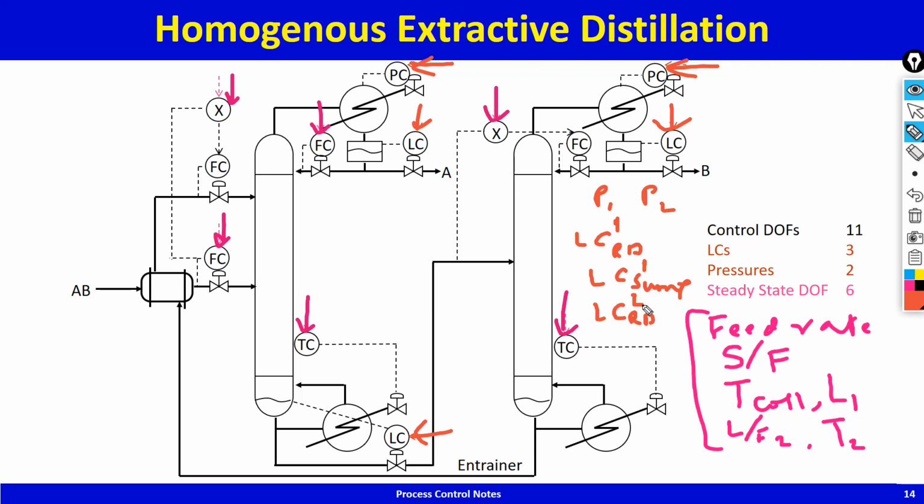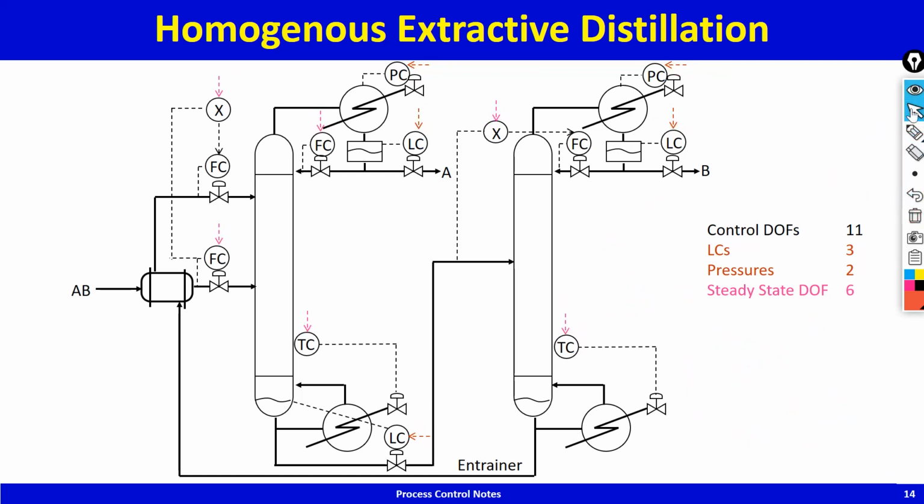So these are the 5 process variables controlled using the other 5 control valves. So that takes care of that.